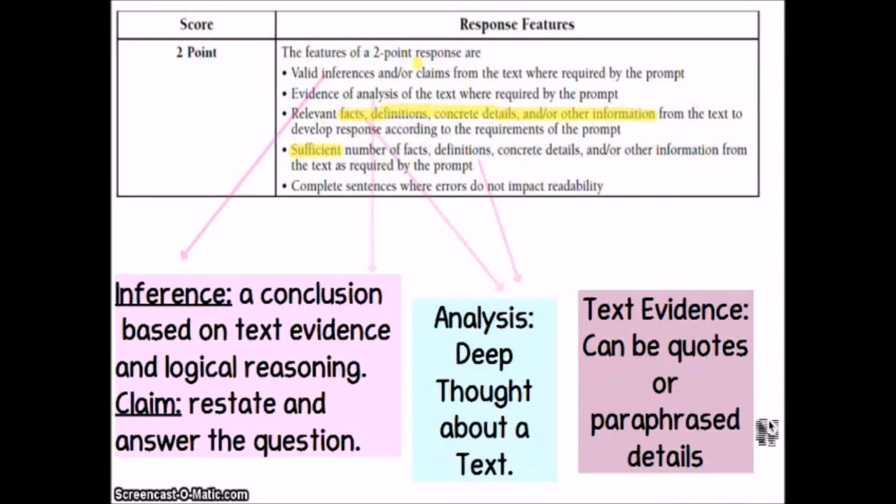You want to make sure that you pay attention to what the question is asking you for. If the question says that you need to cite text evidence, then you want to make sure that you use a quotation. But if it just says to use details from the story, then you can just, in your own words, paraphrase and talk about the story details.